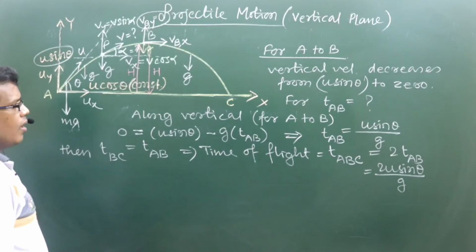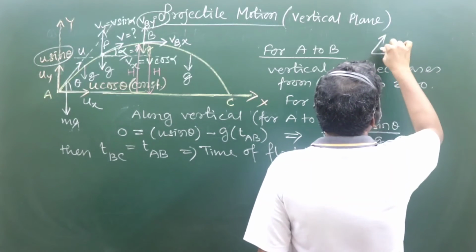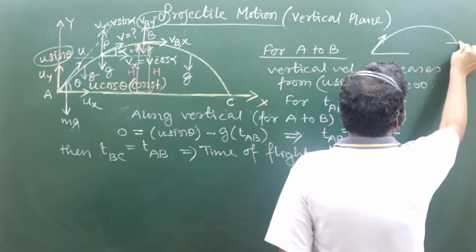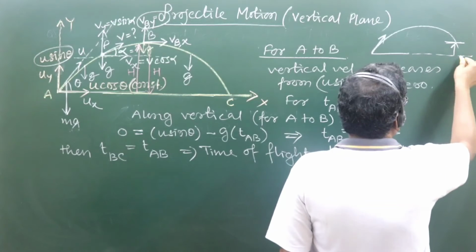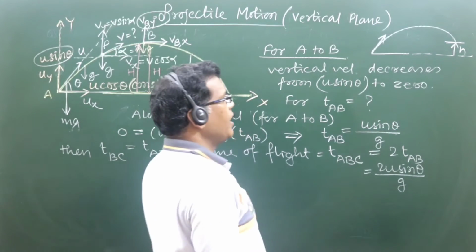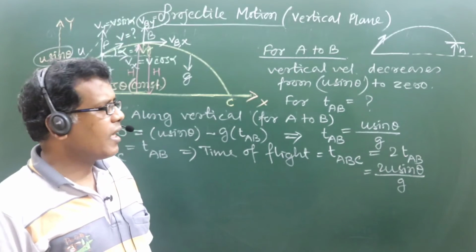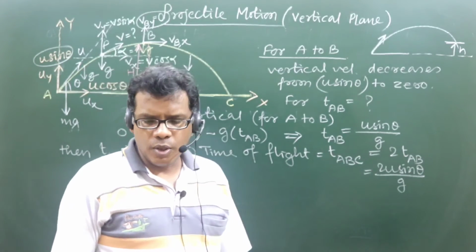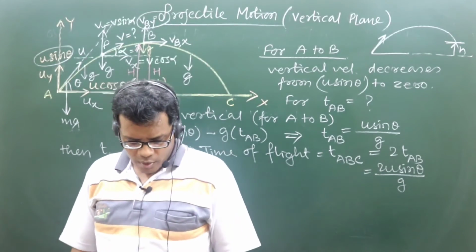For example, in a projectile like this, a particle is thrown this way and the projectile is ending somewhere here. So there is a vertical gap clearly visible between initial and final point of projectile, and if you are asked what is the time of flight, still if you use the formula 2u sin theta by g, it will be a wrong answer.